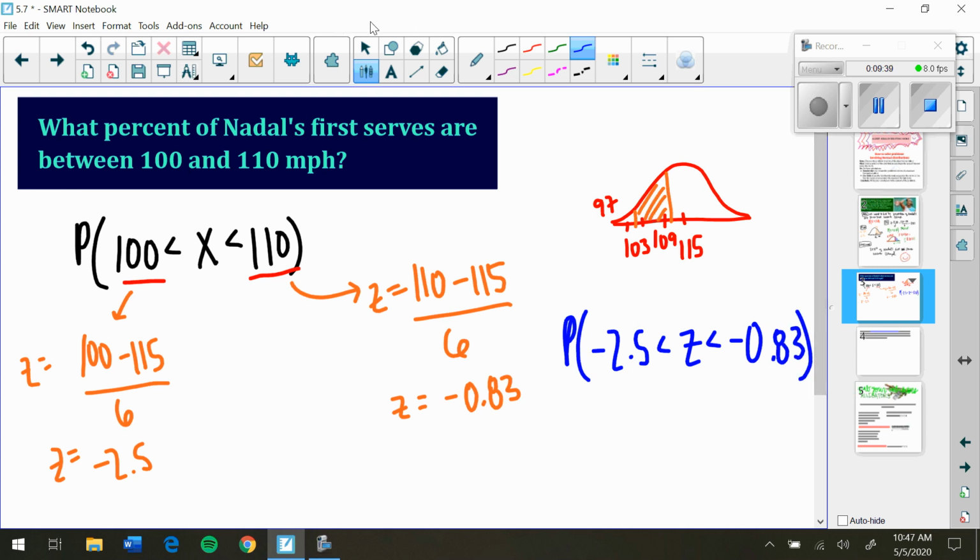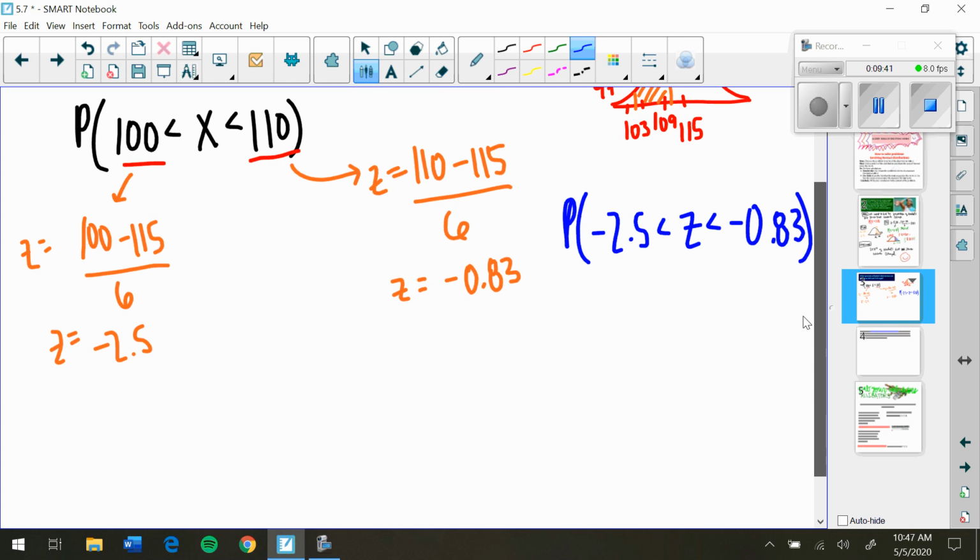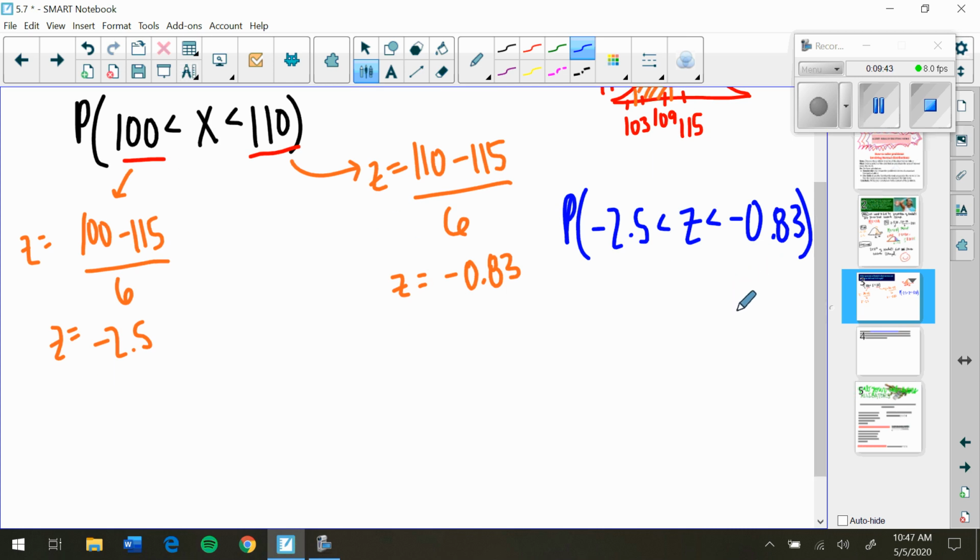All right, and so to do this, we're going to do what we've done a couple times. I'm going to find the area to the left of negative 0.83 using table A. I'm going to find the area to the left of negative 2.5, and then we're going to subtract those two.